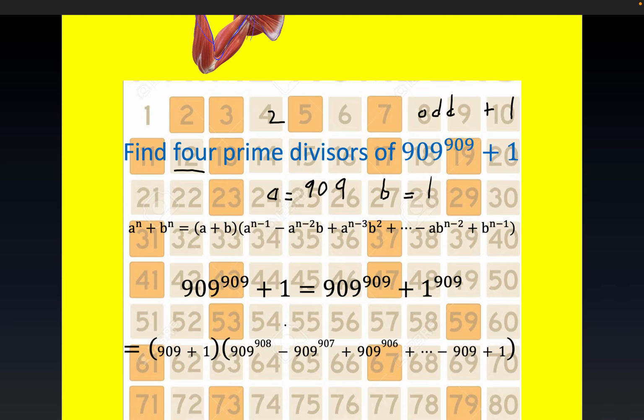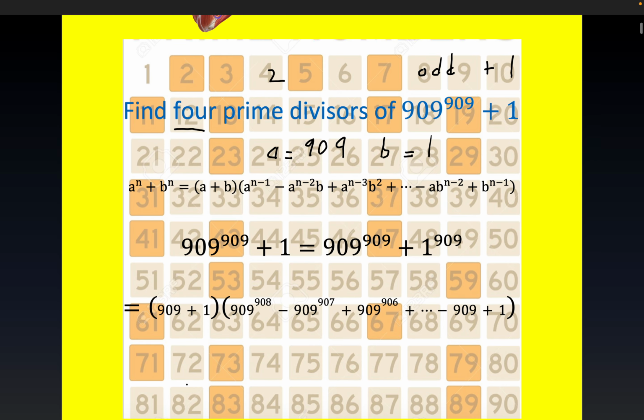And this looks awful strange to write it this way, right? But it makes it fit this form. So that's kind of a fun thing to notice that you can actually use something like that. And I think this is a fairly common algebraic identity in competition mathematics. But you can see right here, once we do this, our A is 909 and our B is 1 in this algebraic identity, we get a very straightforward looking expression here.